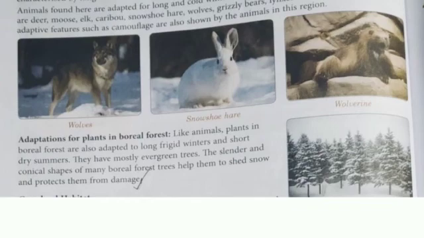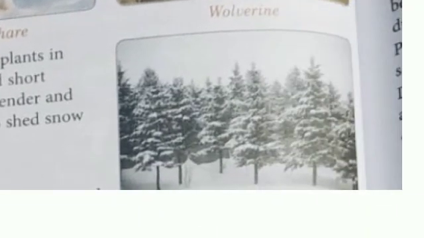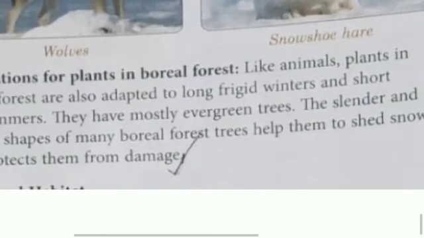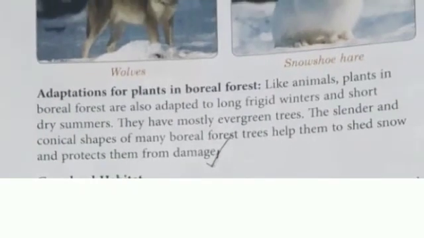They have mostly evergreen trees, the slender and conical shape. Look at this. You can say this is cylindrical and conical. Christmas tree type. The shape of many boreal forest trees helps them to shed snow and protect them from damage.